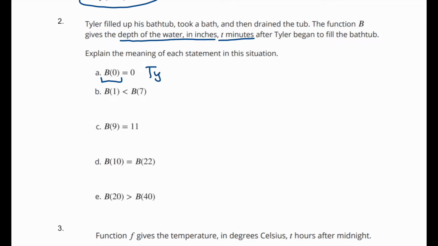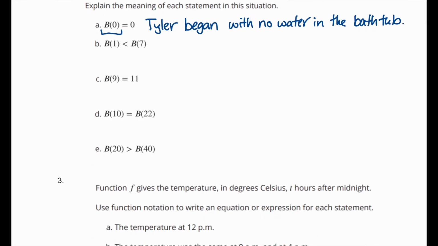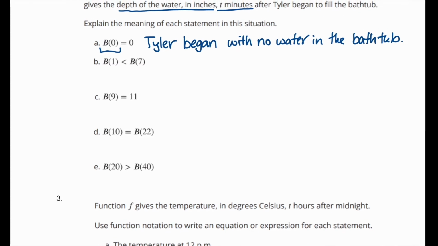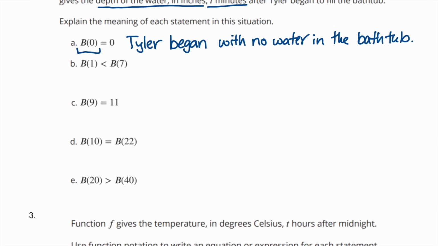We can say Tyler began, because that means right when he started, with no water in the bathtub. This is the same thing as saying that at 0 minutes, there were 0 inches of water.